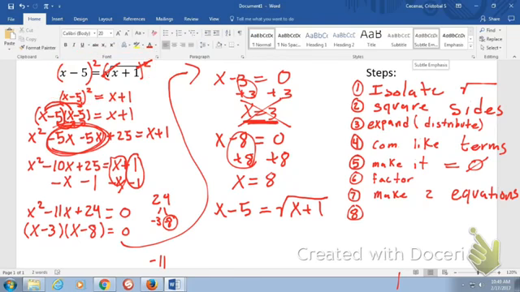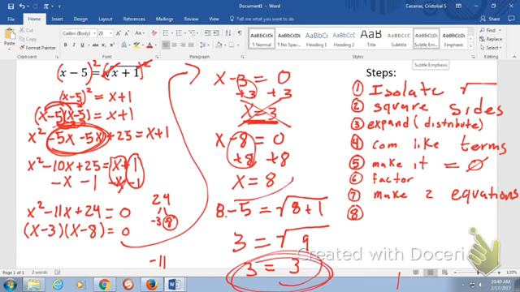So now instead of this x, I'm going to put 8, because I'm checking 8 now. 8 minus 5 is 3, and this is the square root of 8 plus 1, which is 9. The square root of 9 is 3. Is equal to 3. This has the same number, so that means that this is an answer. So this works out. This is a correct answer. That's the only correct answer.